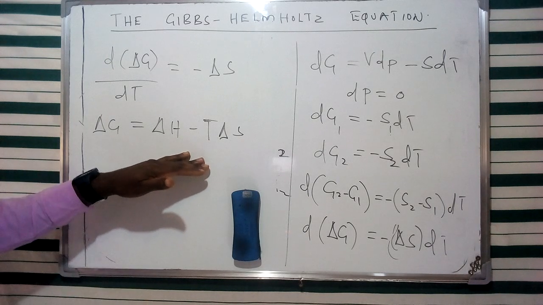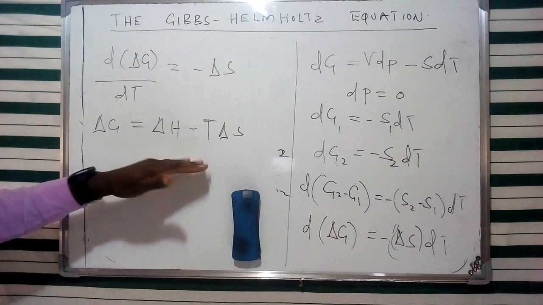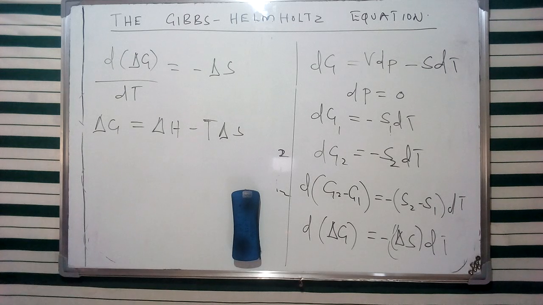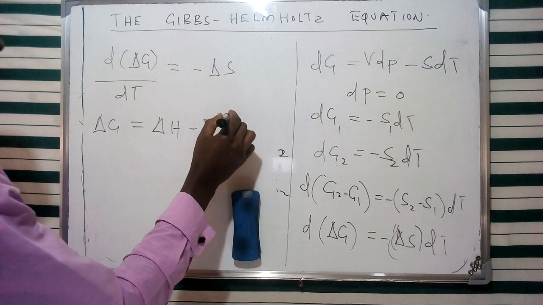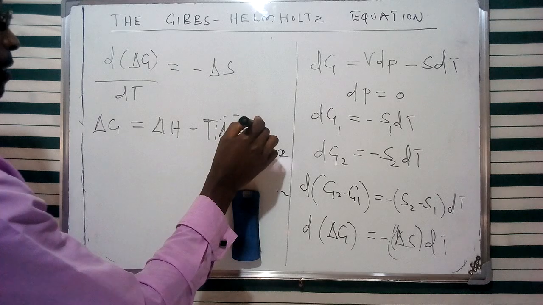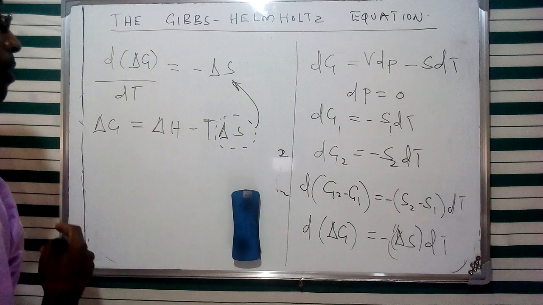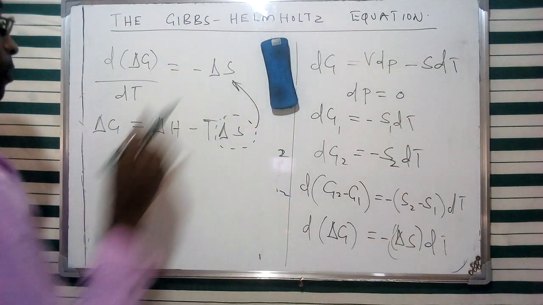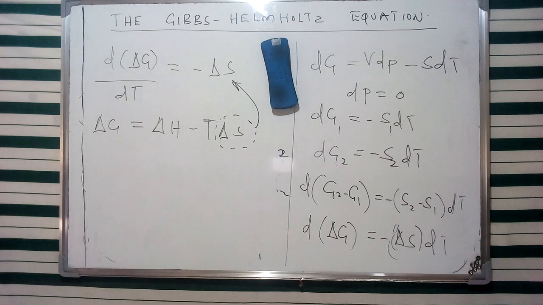I'm going to put a link of that video in the description box. So from this equation from the equilibrium free energy, we can do a substitution for entropy and find another equation that is going to give us a general relationship between entropy and the Gibbs free energy.